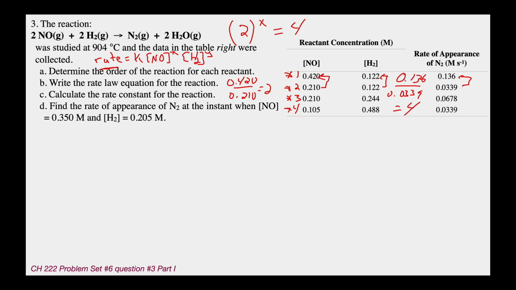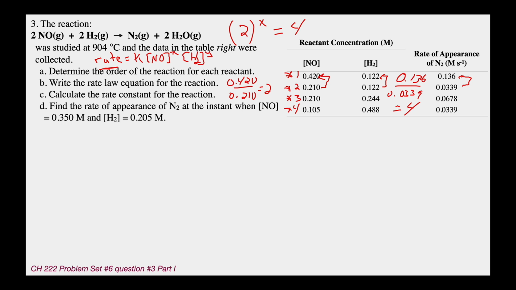Now remember in Chem 222 and 223, X will only be 0, 1, and 2. So if X was 0, 2 to the 0 power would be just 1. So X is not 0. Let's say that X was 1. 2 to the first power would be 2. So X is not 1 either, because 2 to the 1 is 2, and 2 is not 4.